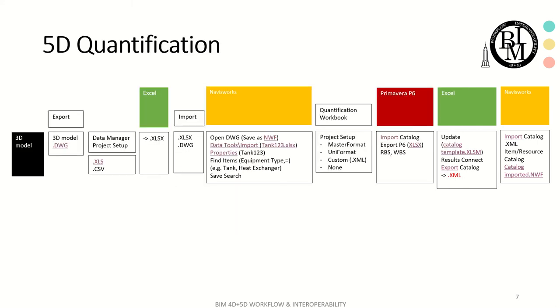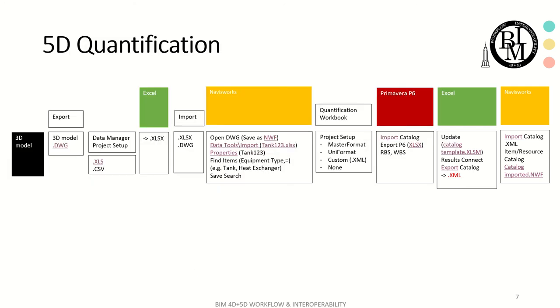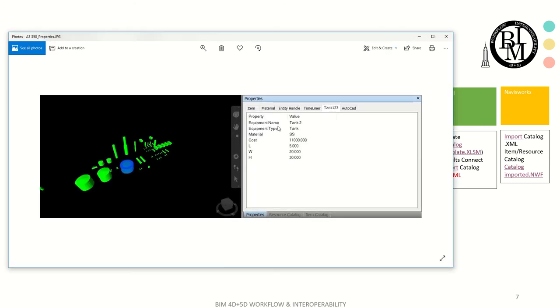Okay. So once you import it using Data Tools, it shows up in this Properties tab. When you click on one of the model components within the Properties tab, it will show you the extra tab that we just created using this Excel file.